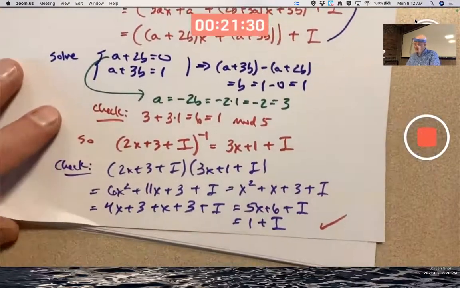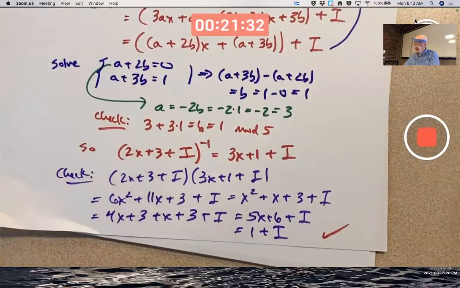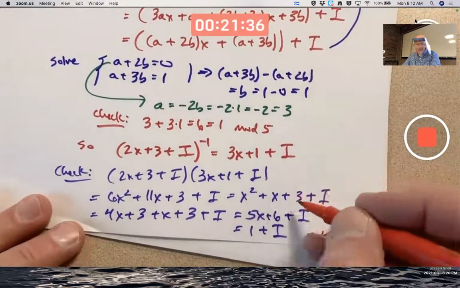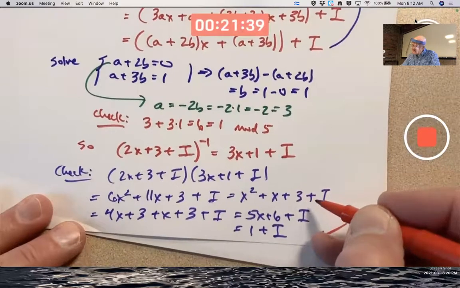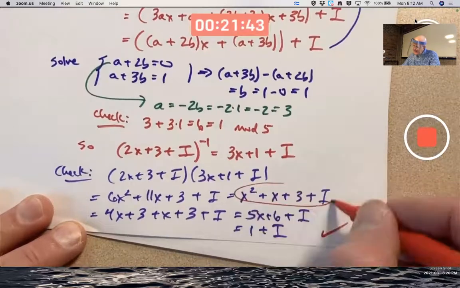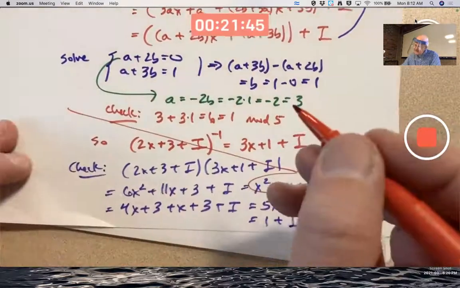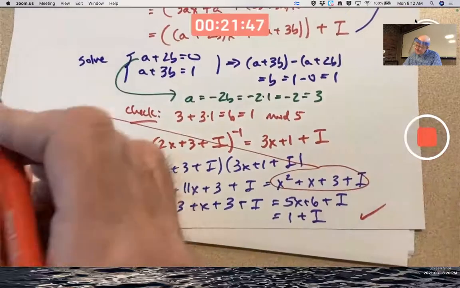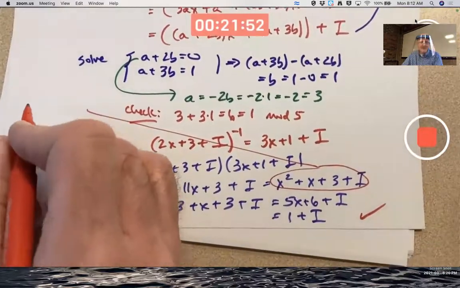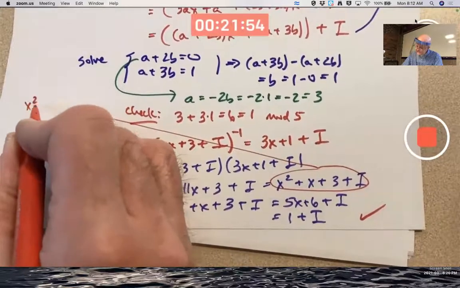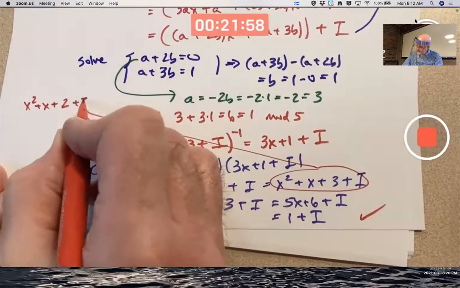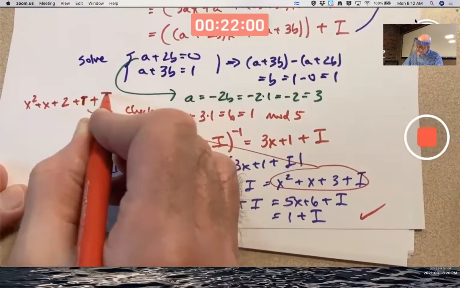Yeah, that'd be another way you can do it. And that emphasizes another good point. So let's see, what were you saying? Were you looking right here? Yeah. So essentially you're saying, and looking at this, to think of that as x squared plus x plus 2 plus 1 plus I. Exactly.